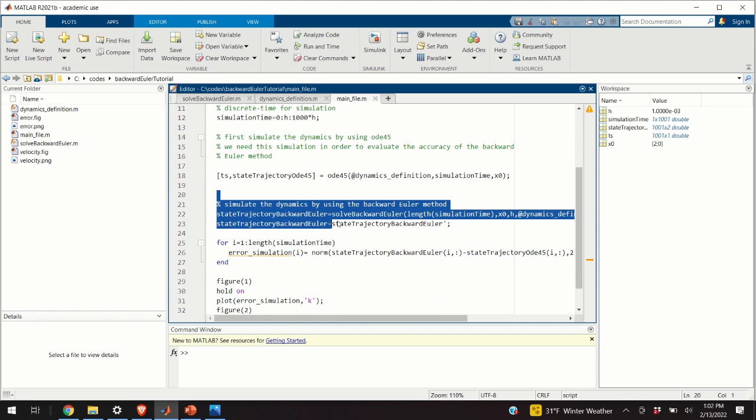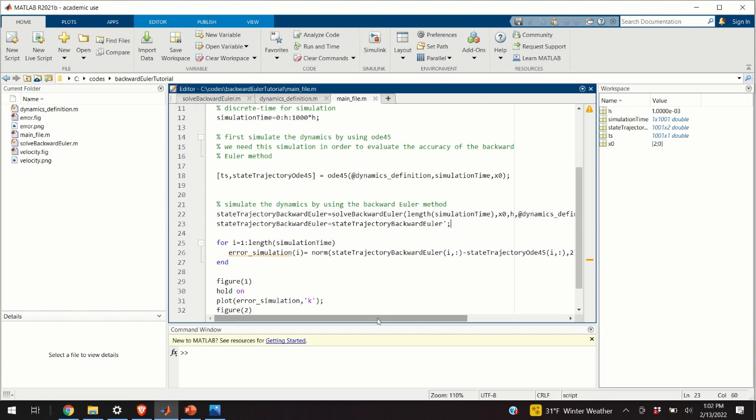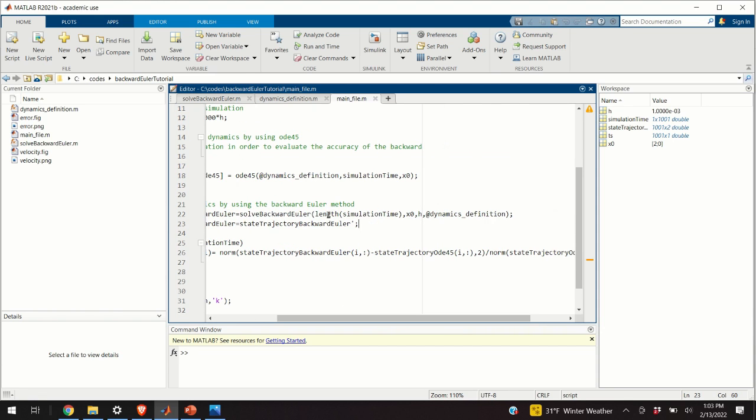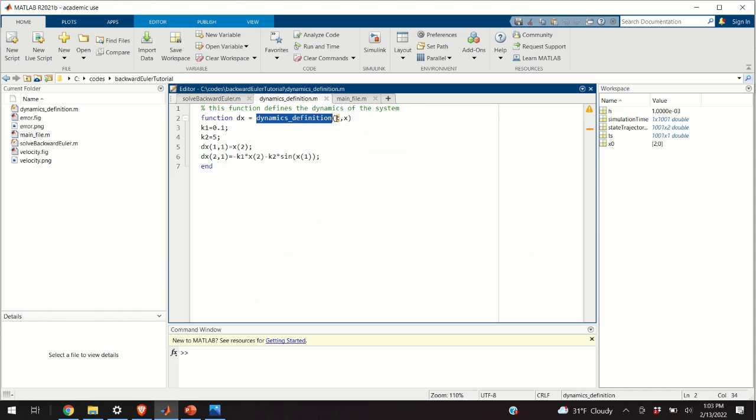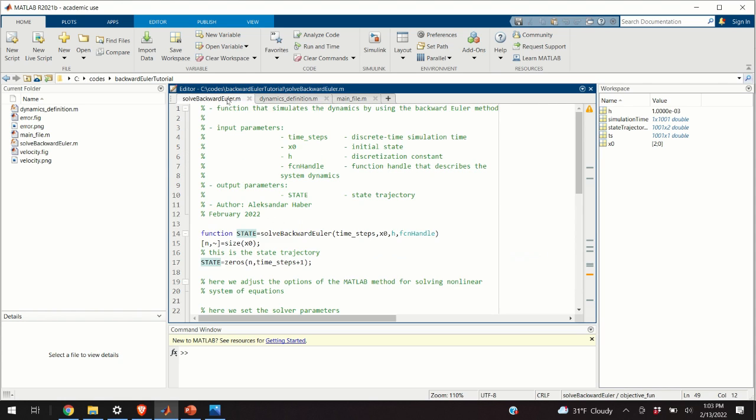Then I simulate the dynamics by using the backward Euler method. I call my function solve backward Euler. I specify the number of discretization steps, initial condition, discretization step, and the function handle. I specify my function name that defines the system dynamics.